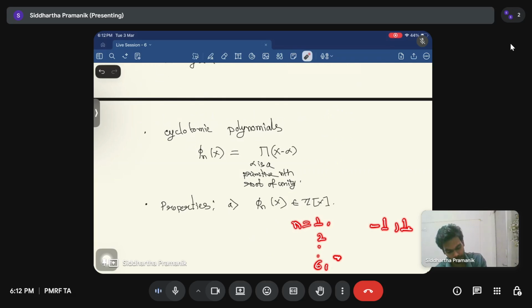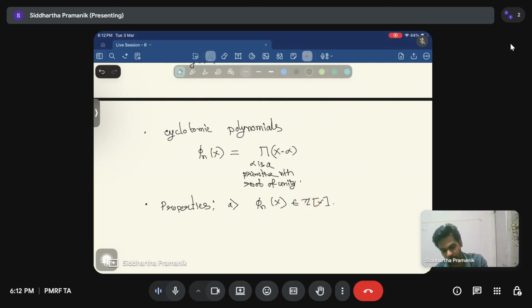In fact, it has been proved that if you pick any integer, then it is a coefficient of some cyclotomic polynomial. So there is a result of that kind. This is the first property.